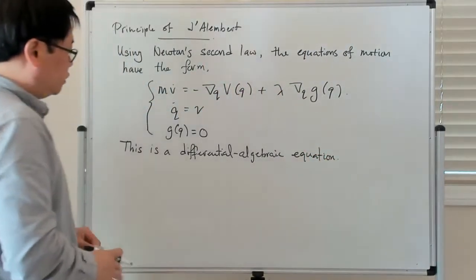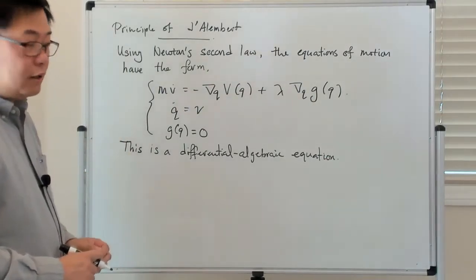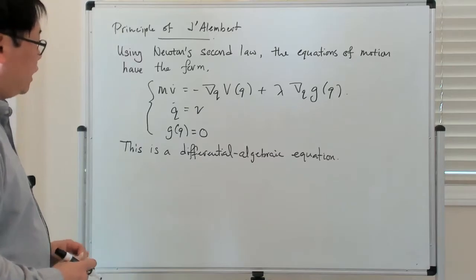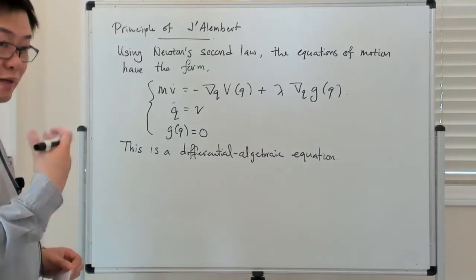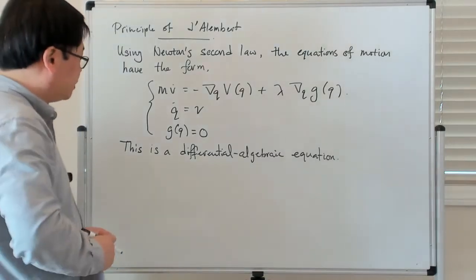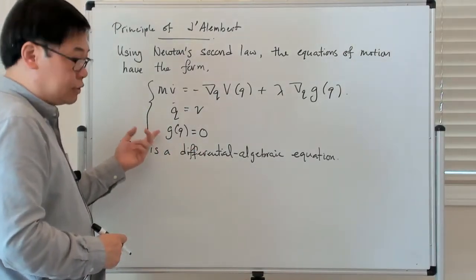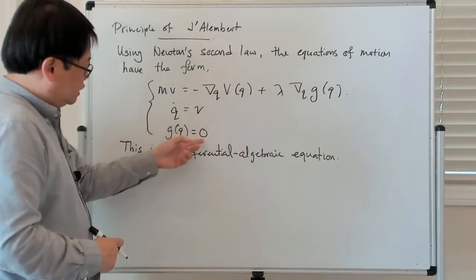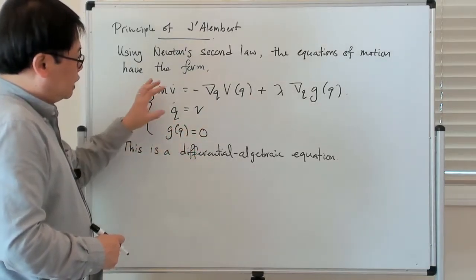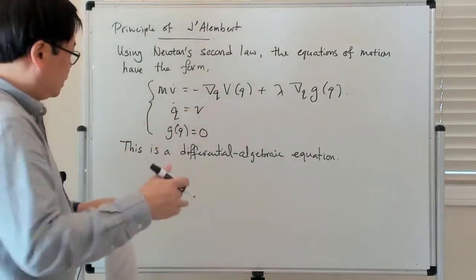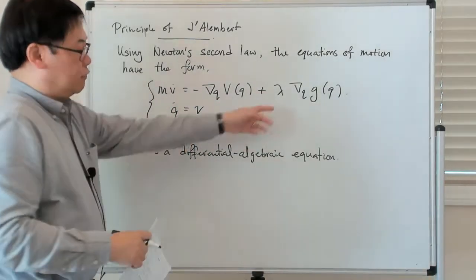And there are methods developed for the solution of general differential algebraic equations, and there is this idea of the index of a differential algebraic equation, which more or less has to do with how many times you have to differentiate the algebraic constraint and substitute it into the differential equation to get a differential equation which does not involve the multipliers.